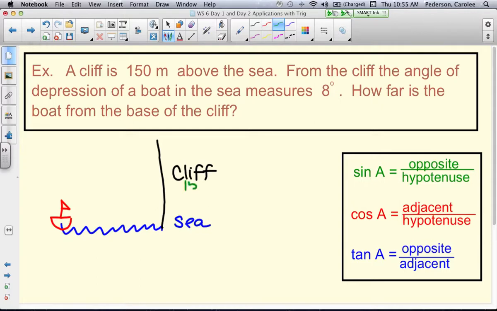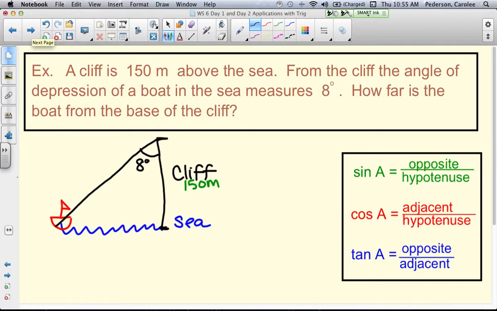So this is the height of this cliff from sea level to the top of the cliff. Then, from the cliff, the angle of depression, so we're going to draw an angle of depression, depressions go down, is 8 degrees with the boat.